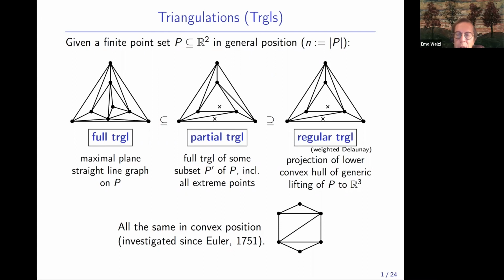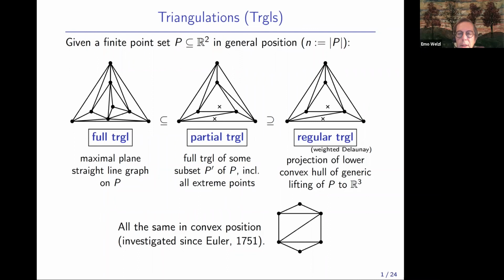And you can also quite easily convince yourself that every triangulation of a convex polygon is actually a regular triangulation, so you get it by lifting and projecting down the lower convex hull. And of course, these triangulations have been investigated since at least Euler in the middle of the 18th century. So these are the three characters.